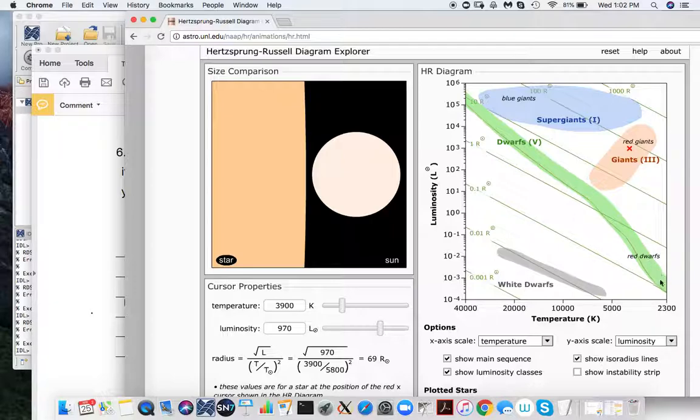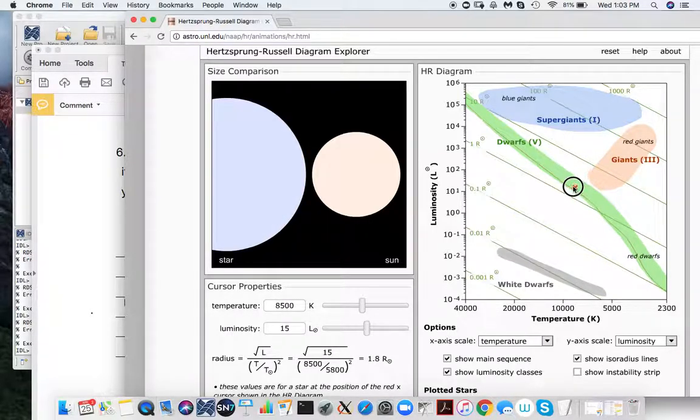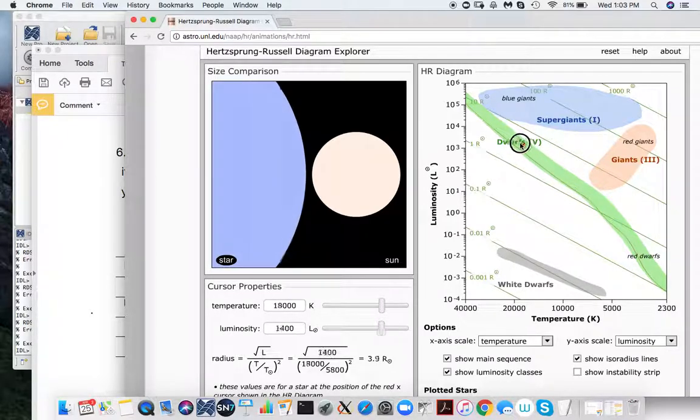Now let's look at the main sequence. Here's the main sequence. In the green locale is where the main sequence stars are. And the main sequence stars are stars that are undergoing fusion reactions of hydrogen into helium, like our sun. And these fusion reactions produce new elements, helium for instance, but also produce the energy that keeps the star stable.